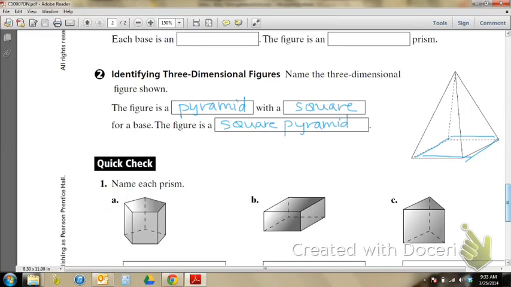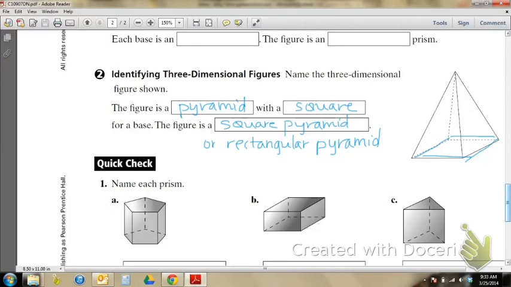Now nothing's marked, so I don't really know that it's a square pyramid, so I could say a rectangular pyramid as well. I could say that.